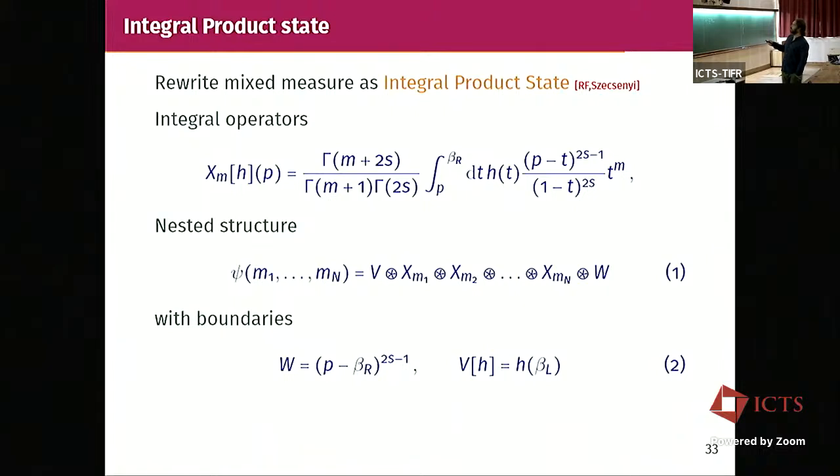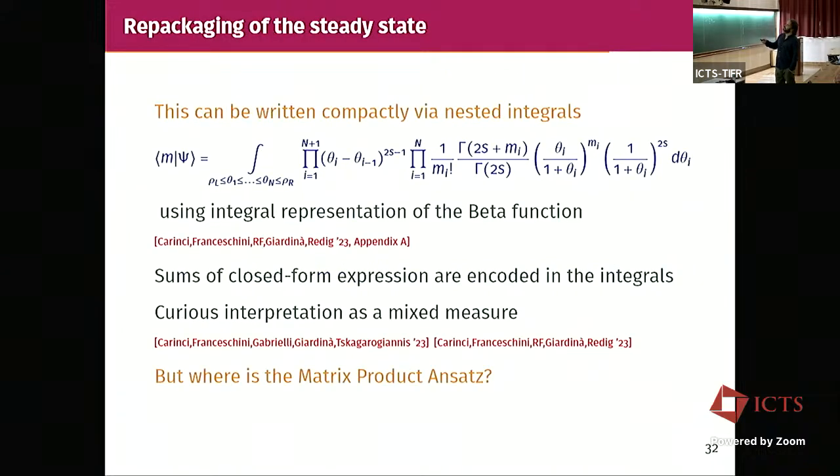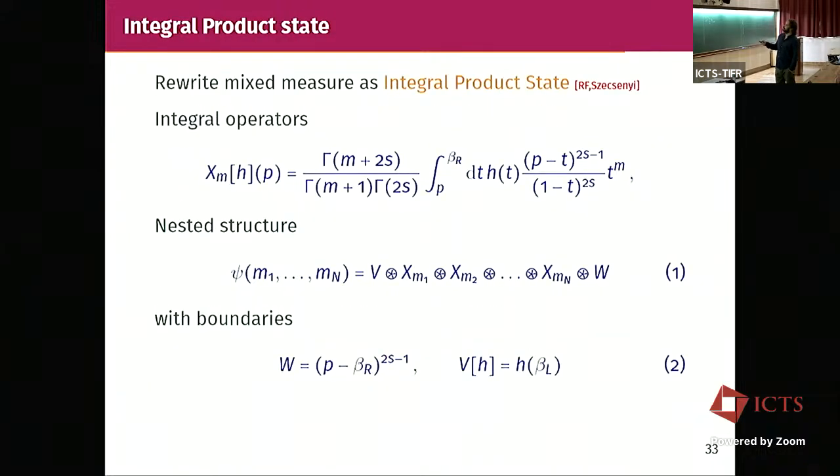This plays the role of the E and D of the matrix product ansatz, but now we have infinitely many of them. If you look carefully, you can disentangle these integrals and this product. You start with a function W, then act once with your integral operator x, and then continue and continue. In the last step, you identify P with beta left. So this is the matrix product structure.